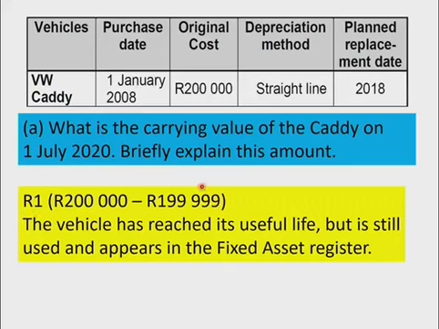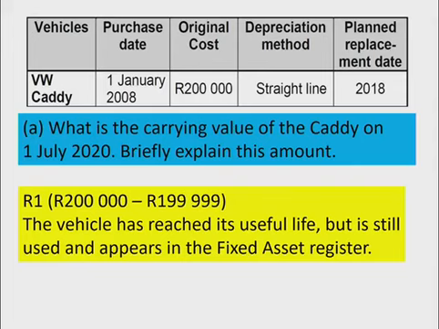And we won't be writing off any depreciation on the Caddy anymore after it has reached its useful life. So now the Caddy, because it has reached the end of its useful life, is maybe one of those vehicles that you should consider to sell or to trade in.